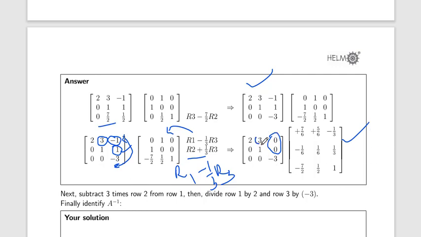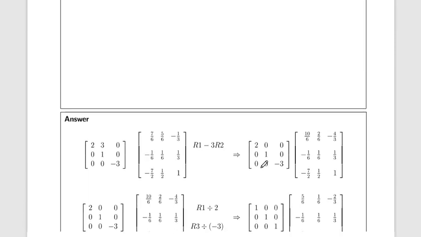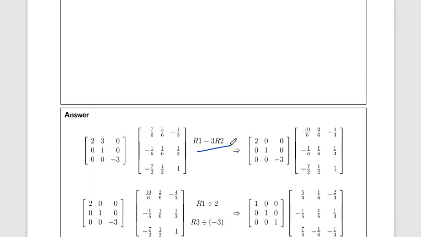Now we want to transfer this element into 0. So how do we get 0? If we multiply the second row with 3 and add it to the first row, so R1 minus 3 R2, we will get 0. Here you can see that we have only diagonal values, but this diagonal element we want to transfer into an identity matrix.